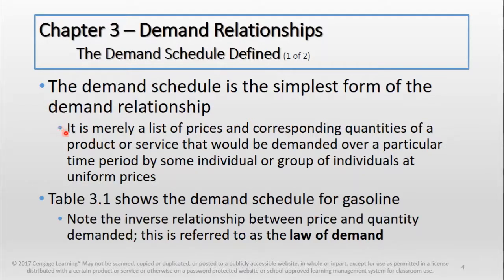It is merely a list of prices and corresponding quantities of a product or service that would be demanded over a particular time period by some individual or group of individuals at uniform prices. Table 3.1, which I will show you in the next slide, shows a demand schedule for gasoline. As you already know, there is an inverse relationship between your price and your quantity demanded.